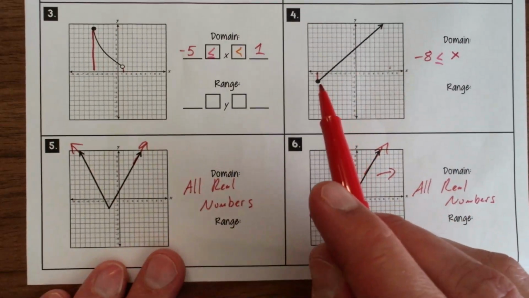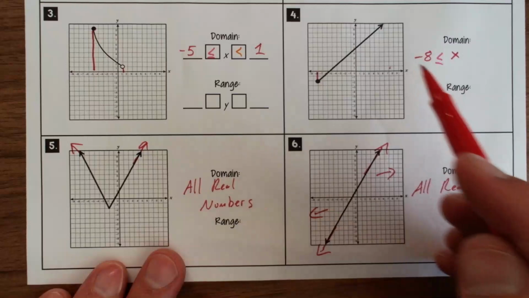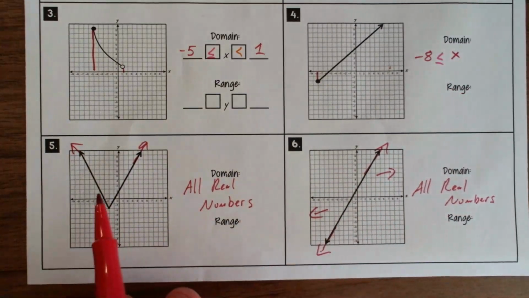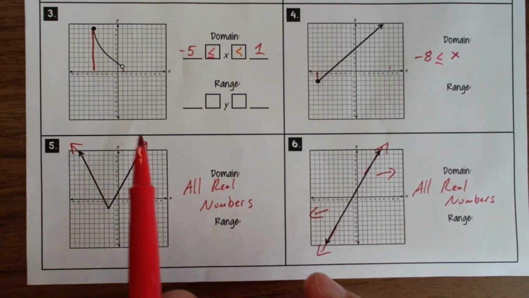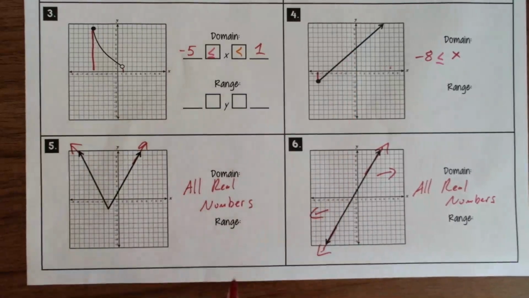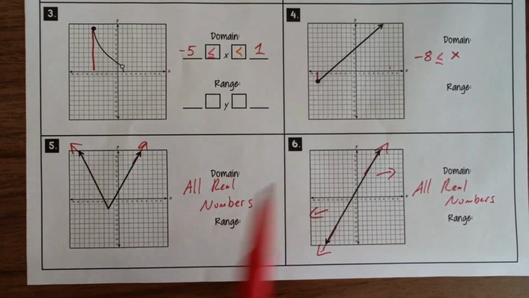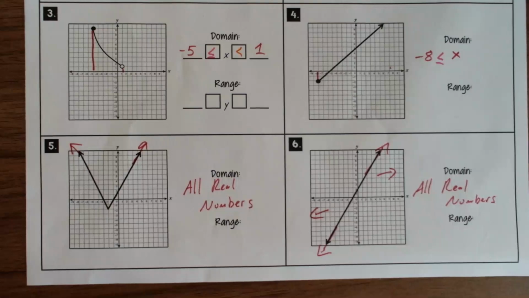This one had a point that stopped it. It started right here, and then it went out. So there was a stopping point here. This one and this one, they don't have any stopping points. Okay? And I can't guess what the stopping point is going to be. If there was one, they would have to graph it for me in order to correctly identify its domain. But based on what they gave me, my domain is all real numbers for these last two.